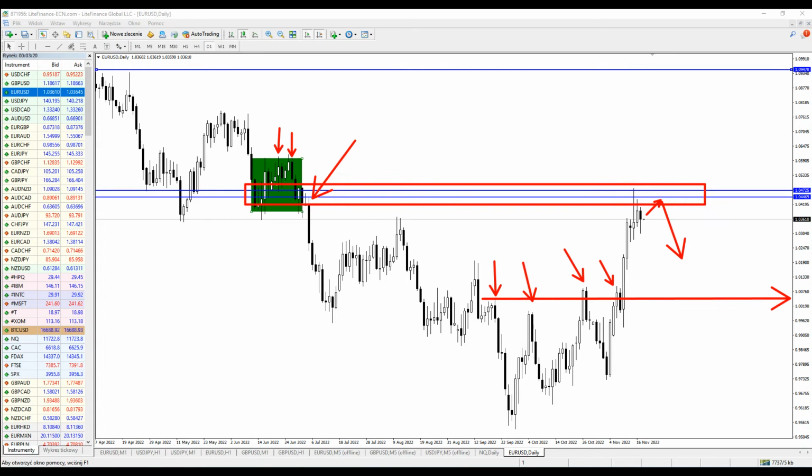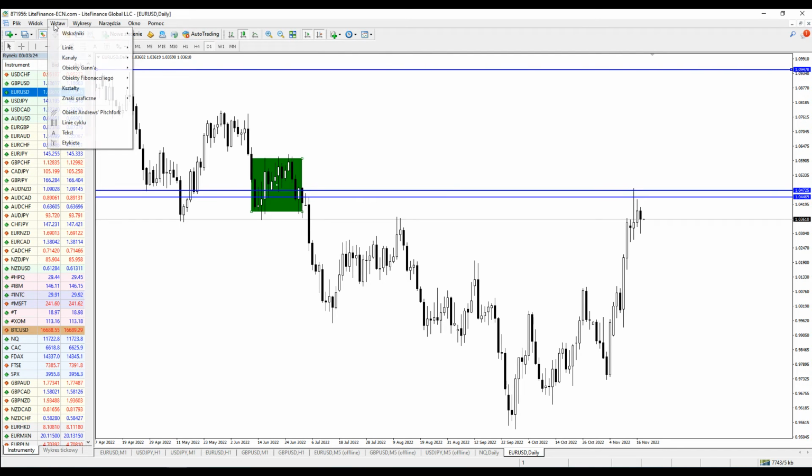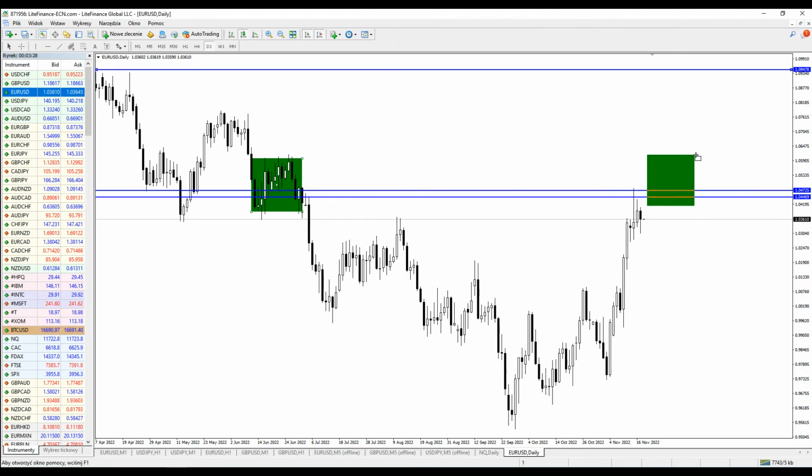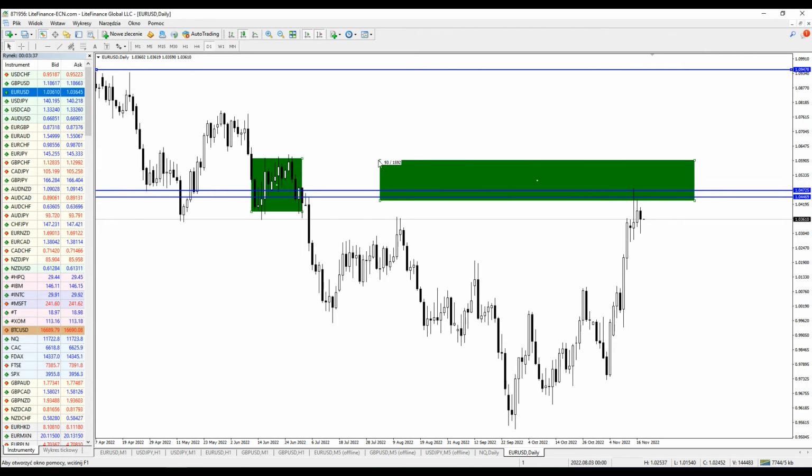So if that's the name of the game, what's your risk? Well, let's have a look. If we are going to retest that level with the stop above, right, and we are targeting the latest weakness. There you go, a little bit higher.